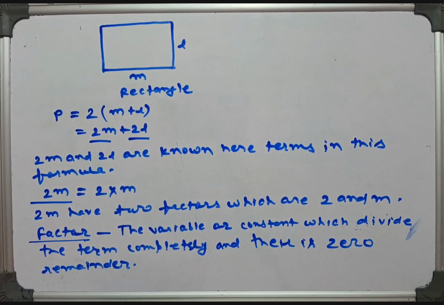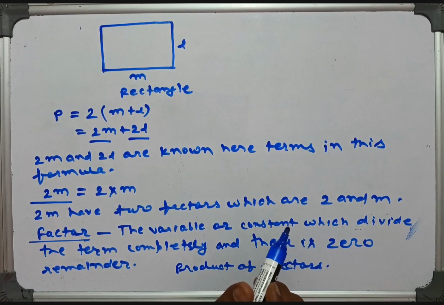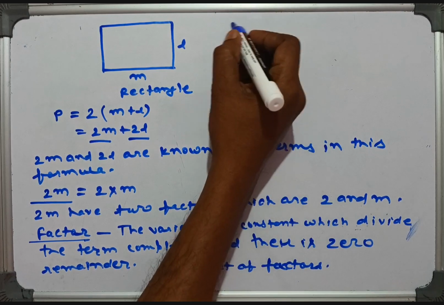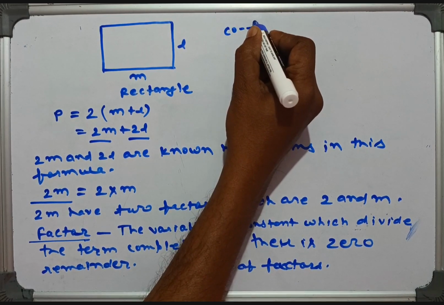So you can see a term is basically formed by the product of factors. Now guys, see another word, coefficient. Coefficient.